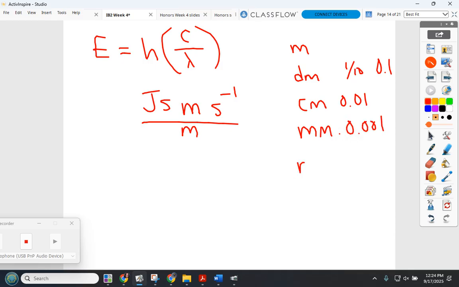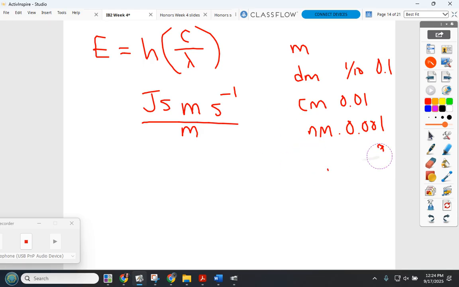A nanometer is times 10 to the -9th. Okay, so this would be times 10 to the -3rd, second, first. This is times 10 to the -9th. Okay, so just be careful that you're paying attention to the units that you're given and the units that are coming out.